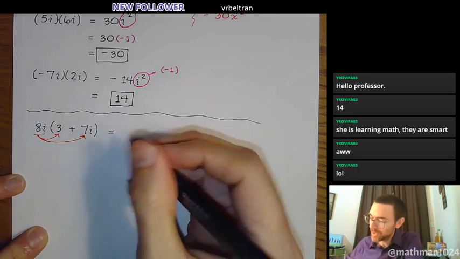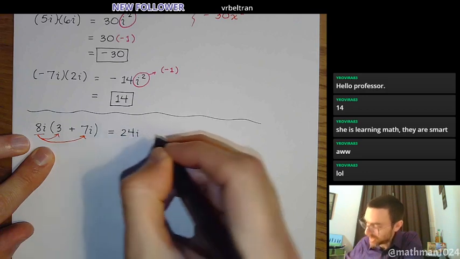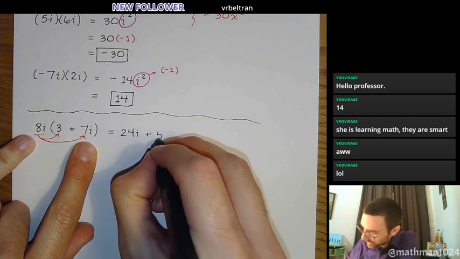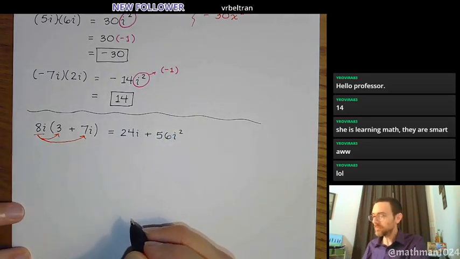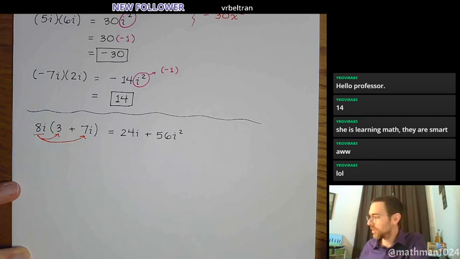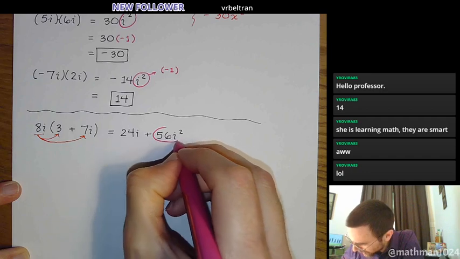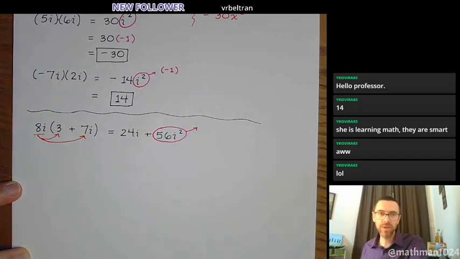All right, well, whatever. So here, 8i times 3 is 24i, and then 8i times 7i is 56i squared. Remember, we can't leave i squared. So what I like to do is circle the entire term like this, circle the whole guy, and arrow off to the side to say what he becomes.